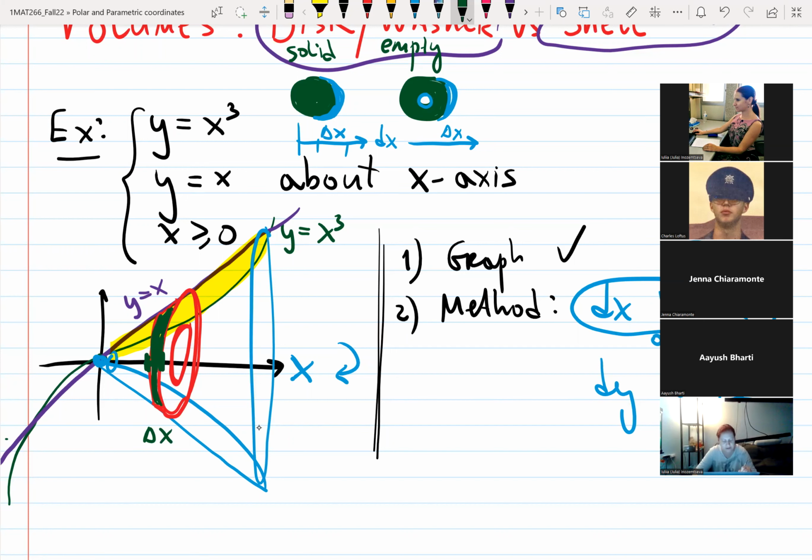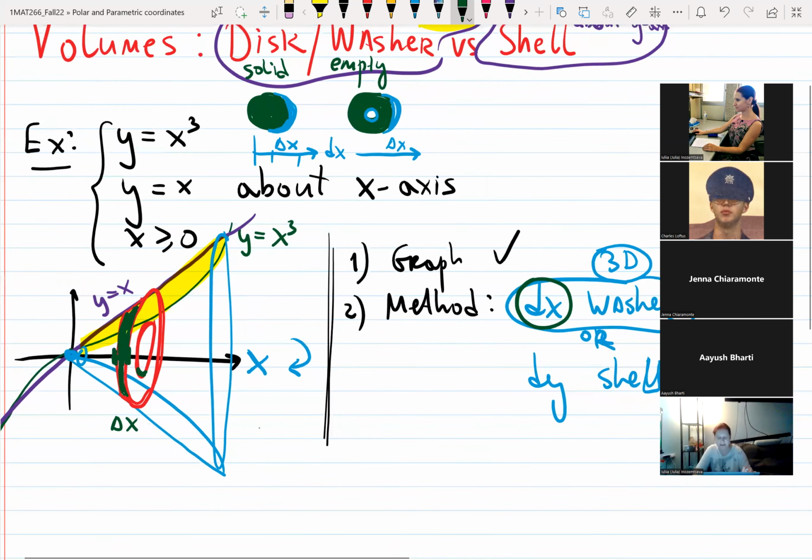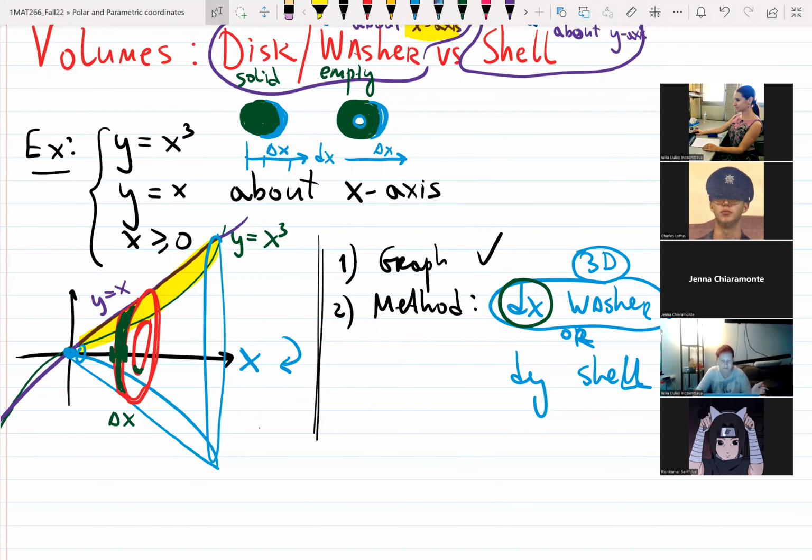So I'll call it delta x, which becomes dx in the integral. That is how I know. Same here. So it is the x case. Maybe write down either because it's the rotation about the x-axis or because it's a vertical slicing.